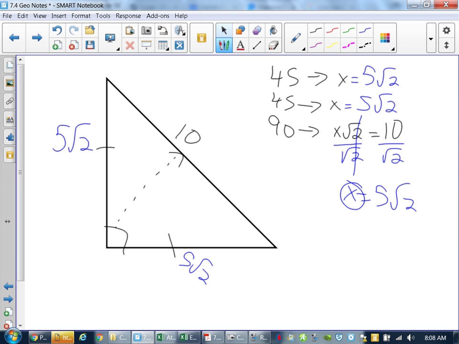Anytime you've got a square root that has a number in front of the radical, if you don't put it in parentheses, it'll be wrong. So what happens here is that you get 5 squared times 2, which is 50. 50 plus 50 is 100, which is your c squared, which means 10 is your c value. Again, it's just a matter of going back and forth with it to set it up.